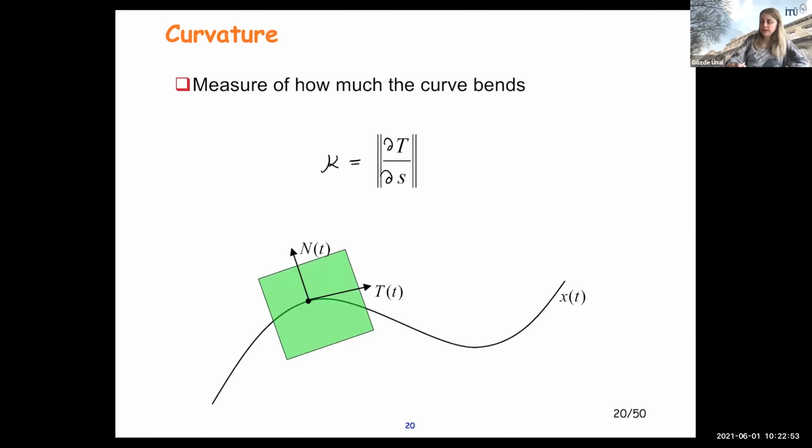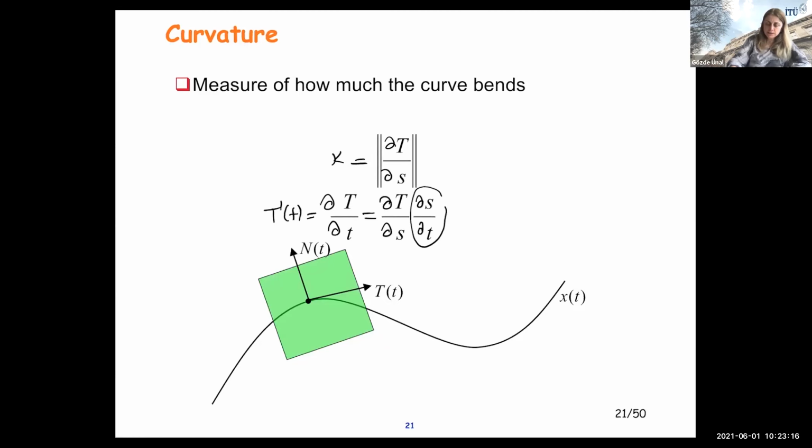Now this slide is a little bit busier. This was in terms of the arc length parameterization. Now this is for an arbitrary parameterization: t prime of t equals dt by ds times ds by dt. And remember, we've seen that ds by dt is the integrand of the arc length, the speed, the magnitude of the tangent, x prime.